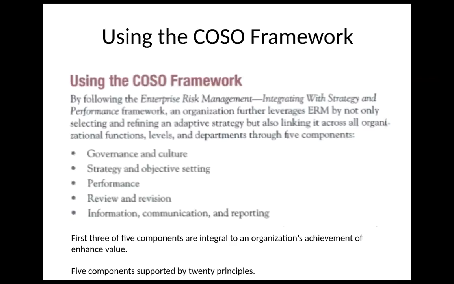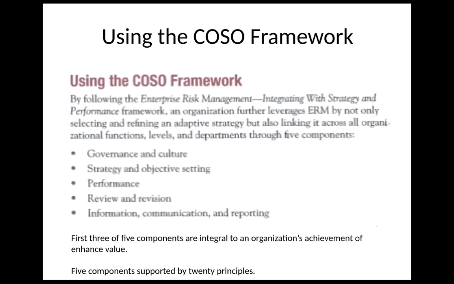Or, which of these are components of the COSO framework, except, or something like that. The other key element is in the paragraph above, about all organizational functions, levels, and departments. So the idea is that no matter where you are in the organization, you should always be looking at the five components of governance and culture, strategy, performance, review and revision, and information.